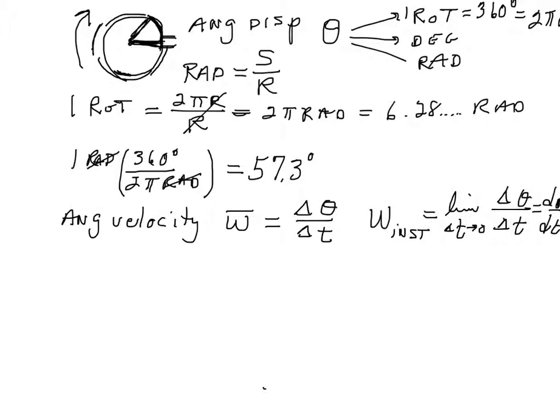So our disk is spinning, and if the velocity is constant, then the average and the instantaneous will be equal. But if we take the disk starting from rest and have its speed increase, then, or if we take a spinning disk and have it slow down, then we want to be able to measure or describe its angular acceleration.